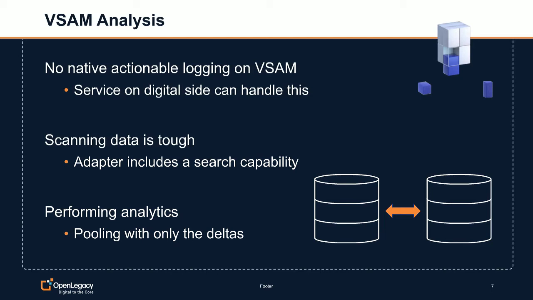Also, generally scanning data is tough, and our adapter has a search capability, which is something you need. That's why SQL is used for querying, for that exact reason. It's a common thing most people want to do in databases. And when we start talking about performing analytics, once you bring that data up and start working with it, you could pull only the deltas and just see what the differences are between things.